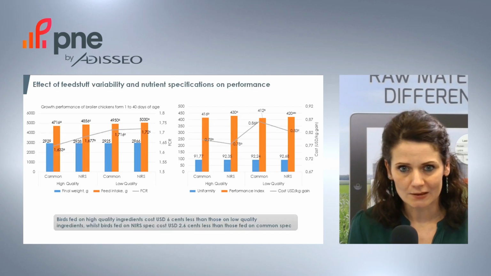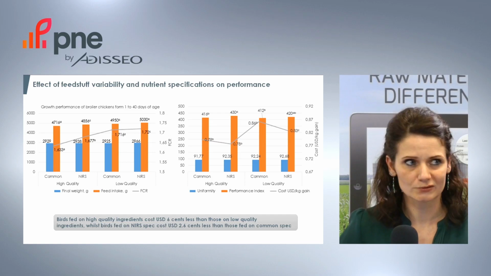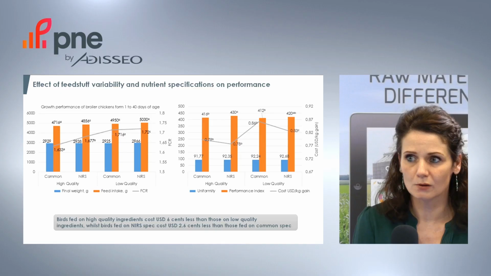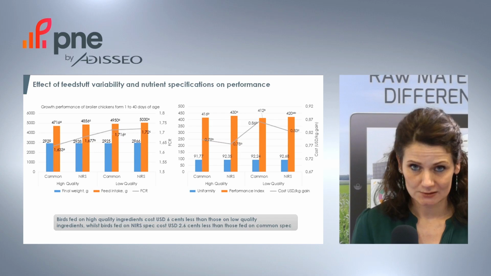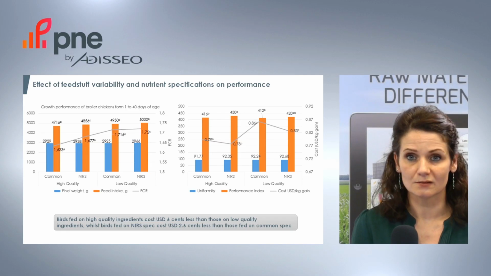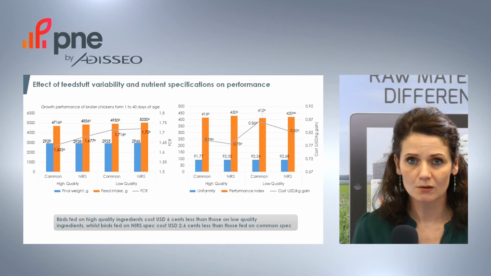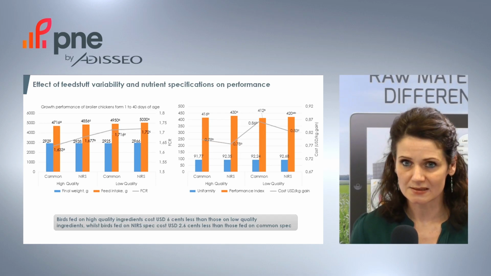So we have a trial to show the impact of the feedstuff quality and the method used to estimate the nutritional value. In this trial, a broiler diet was prepared with either a low or high quality corn and soybean meal. Each diet was also formulated based on nutritional specifications coming from proximate analysis or from the values provided by the NIR estimates.